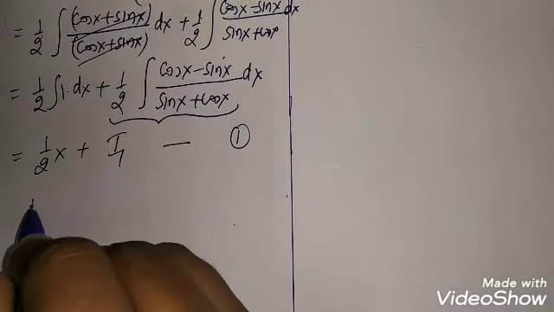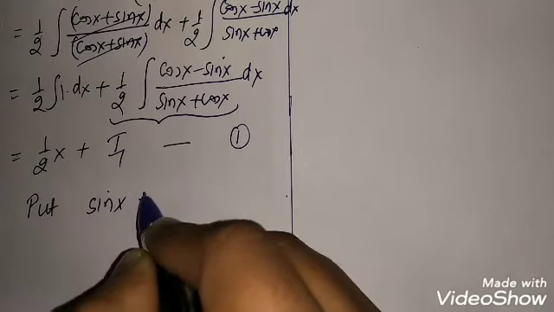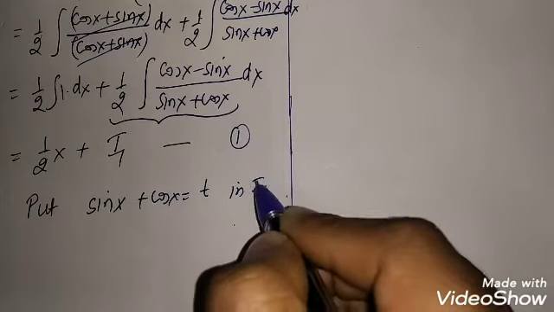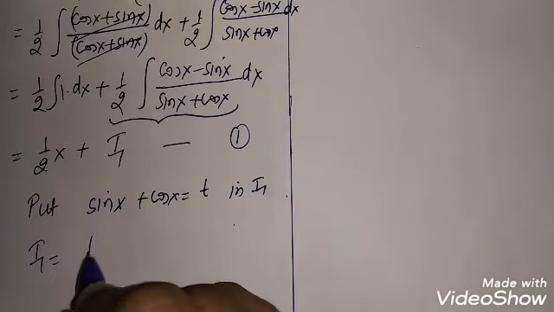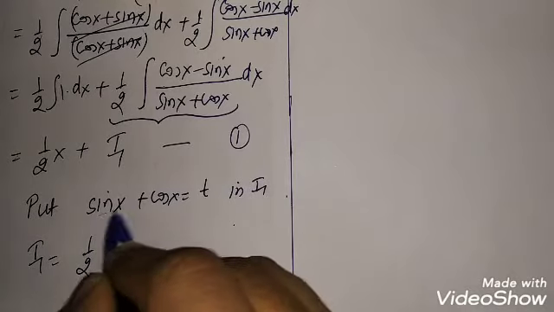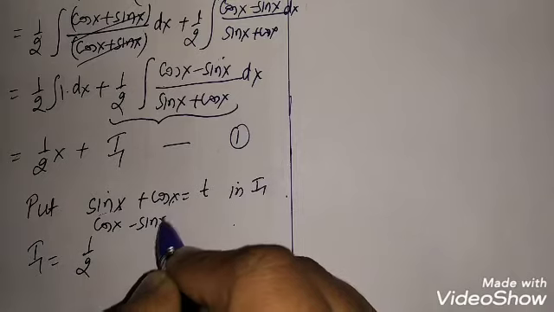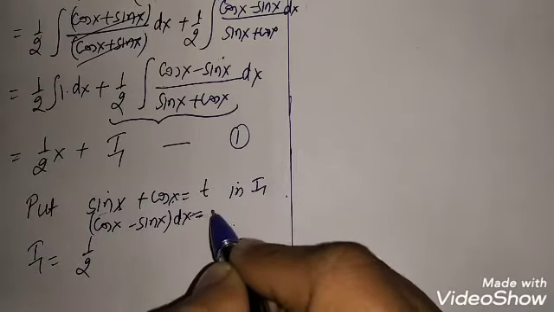I1 is equal to; put sin x plus cos x equal to t in I1. So I1 is like 1 by 2; the derivative of sin x is cos x, the derivative of cos x is minus sin x, and dt upon dx, take dx to this side, this is dt.